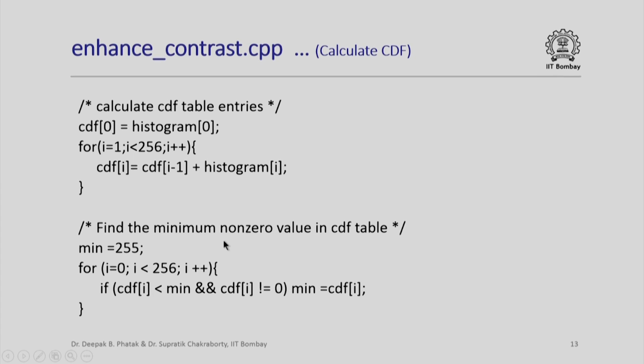Notice that I need to find the minimum non-zero value, and therefore the condition here cannot simply be ith element of CDF is less than min. I must also logically AND it with ith element not equal to 0. If this condition is satisfied by a pixel, I put that value as the new minimum. This will get me the correct minimum value computed.